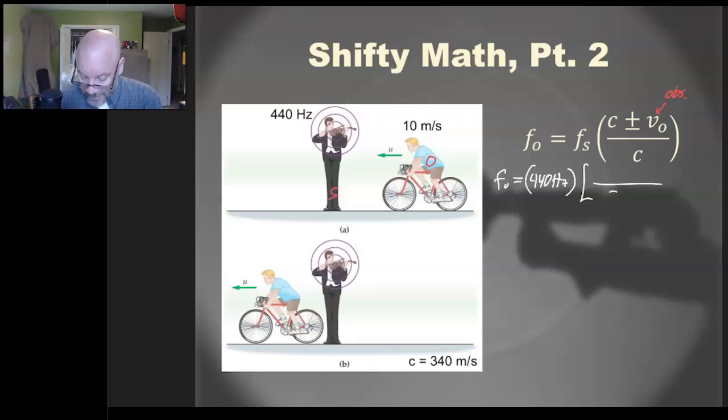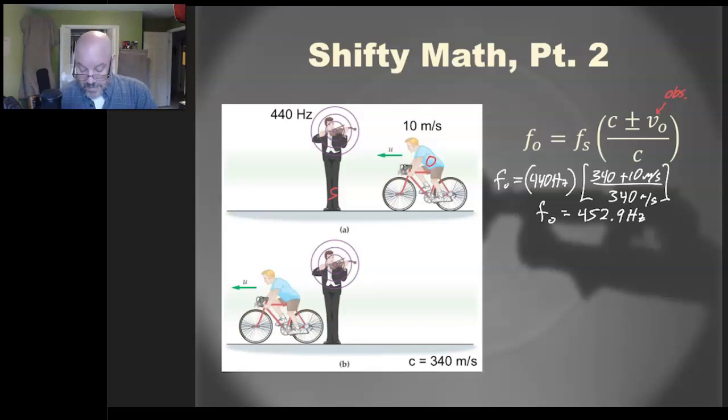We're always going to have the speed of sound here, that's C, and then in the numerator, I'm going to have 340. But the equation says plus or minus, so which one do we choose? We need the pitch to go up. We need the ratio to be larger than 1, so we're going to add 10. And once we do that, we're going to end up with 452.9 hertz.